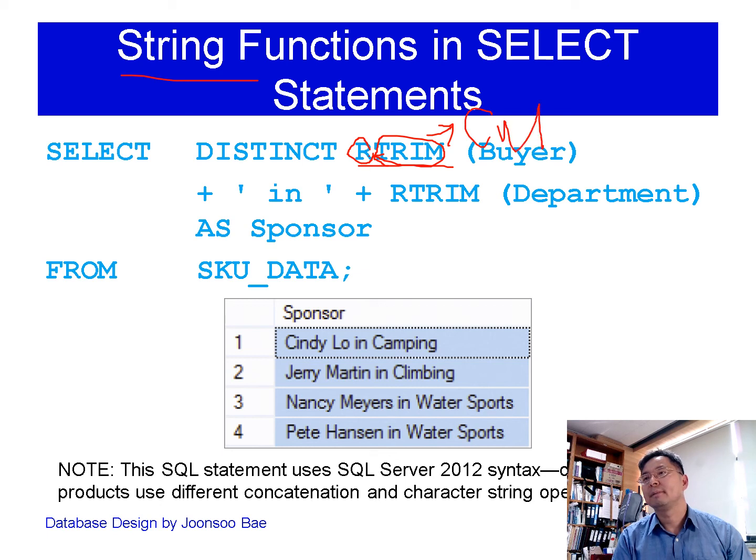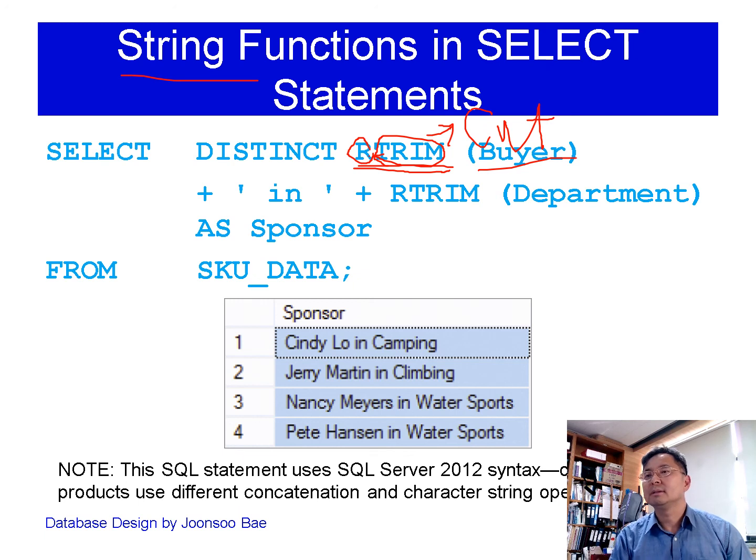In English, trim means to cut other things. And right means the direction. Right trim means I want to cut the right side of these columns. So this will delete the unwanted blanks at the right side.